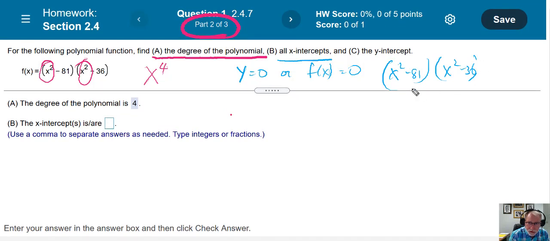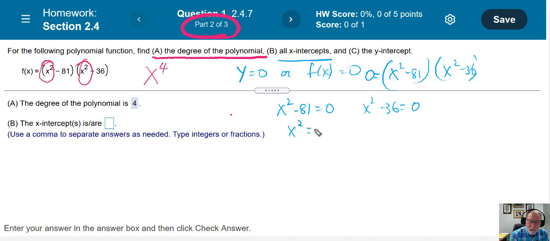to be 0. To solve this by hand, we break it down into x squared minus 81 equals 0 and x squared minus 36 equals 0.